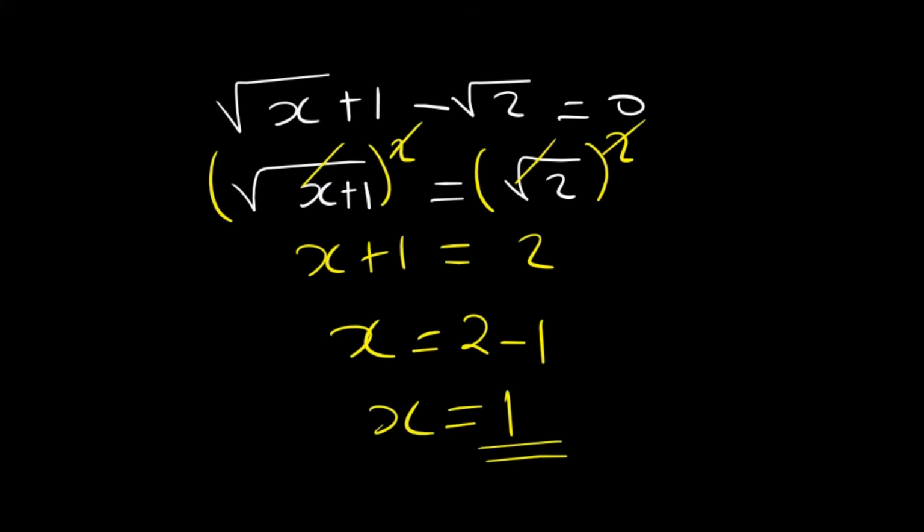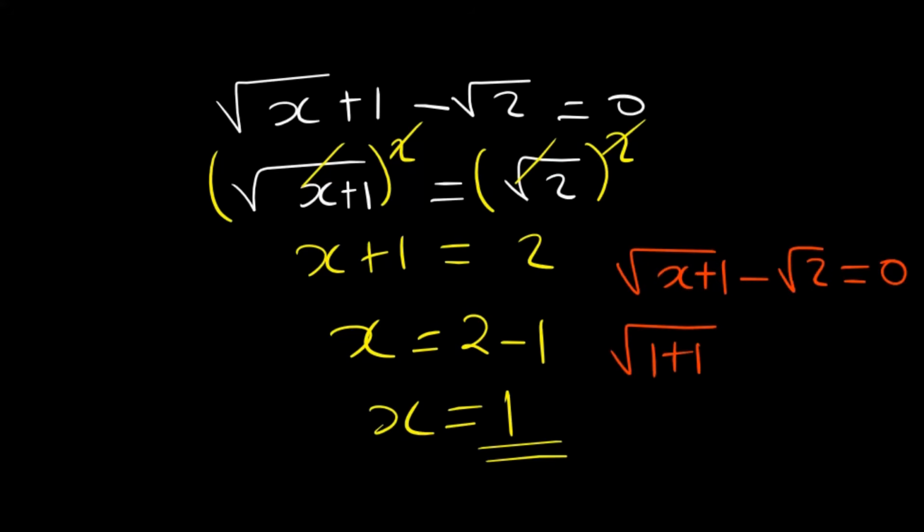You have to check if 1 really satisfies the actual equation. So the actual equation is the square root of x plus 1 minus the square root of 2 is equal to 0. So we have x, that is 1. So the square root of 1 plus 1 minus the square root of 2. So 1 plus 1 in this root, that is 2, minus the root of 2.